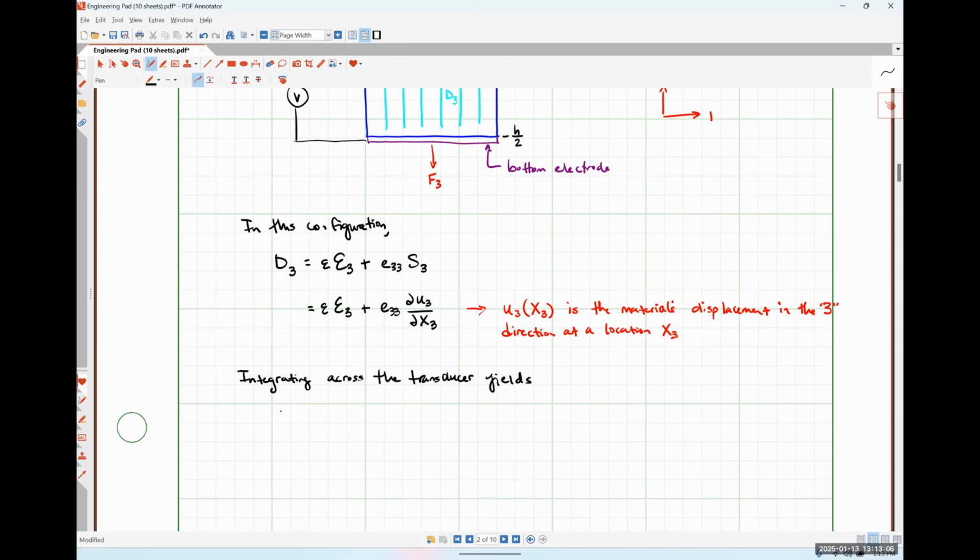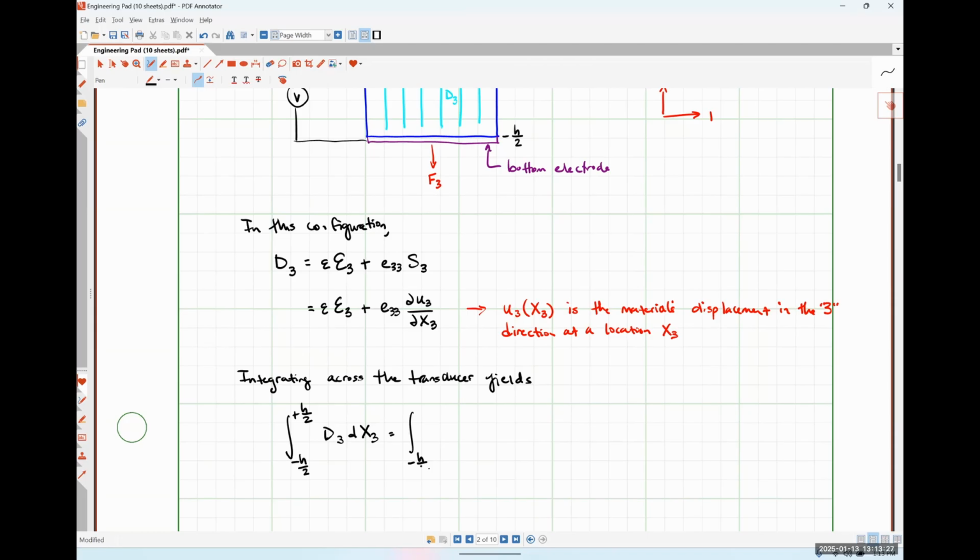So if we integrate from negative h/2 to positive h/2, which is in our 3 direction, we'll have D3 dx3 there. And now we're going to integrate the right-hand side of our expression.